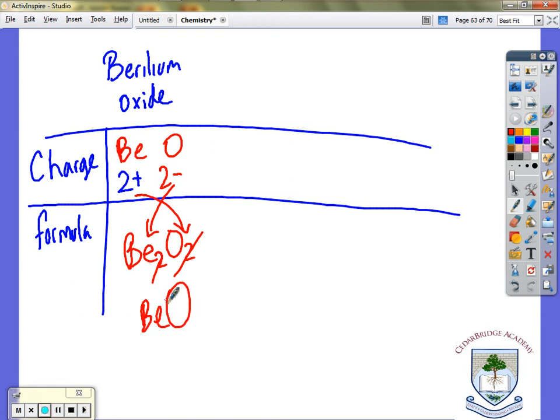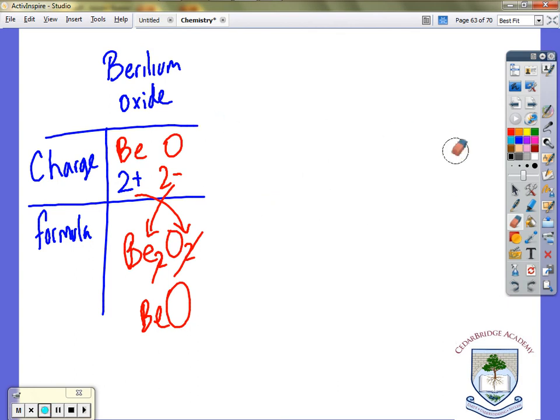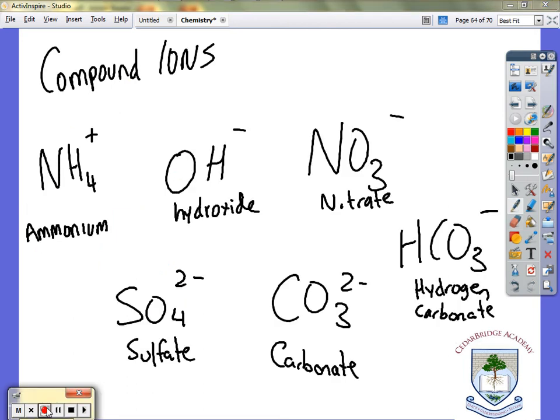Now, it gets a bit more difficult because when it comes to the ionic, we have to introduce charged compounds, and I'm going to put the list. So this is your list of compound ions. What you need to recognize is that these come as a package, and the package has the charge.